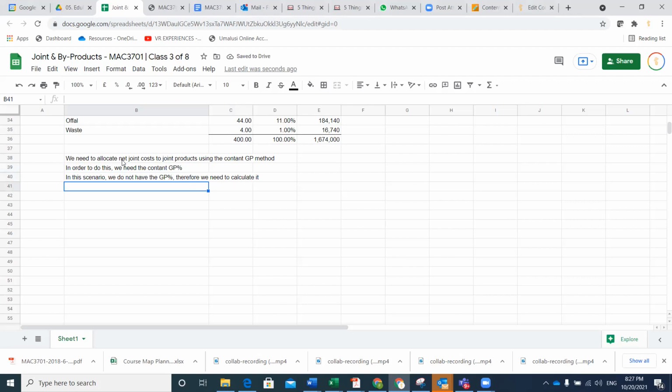How we calculate it depends on the scenario.